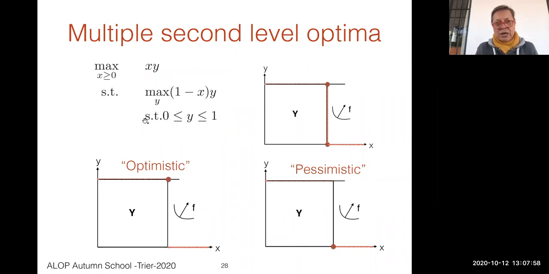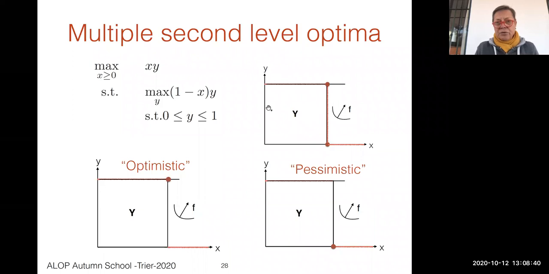So when you look at the second level, given that x must be non-negative, as long as x is smaller than 1, so between 0 and 1, the optimal value for y in the second level will be to take y equal to 1, because the coefficient here would be positive, okay? And when x is bigger than 1, then the optimal value of the second level is 0, because the coefficient here becomes negative, and the second level is a maximization problem.